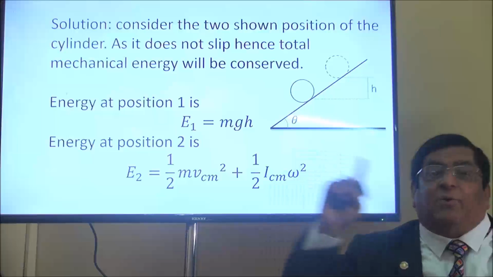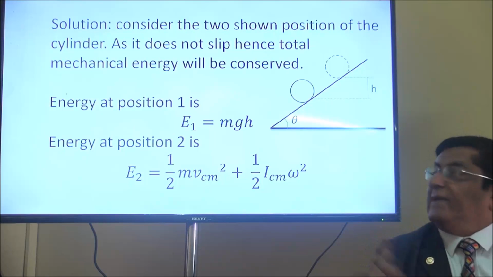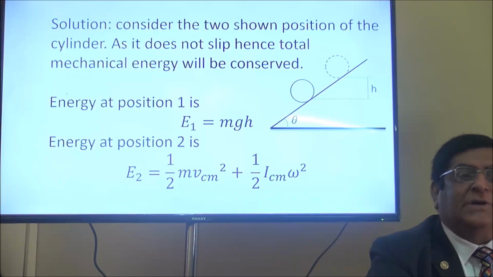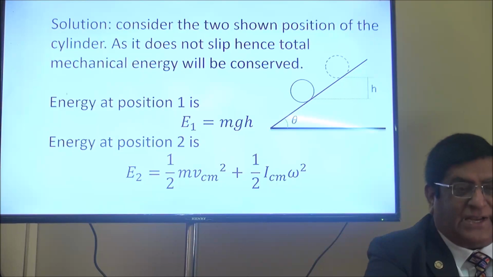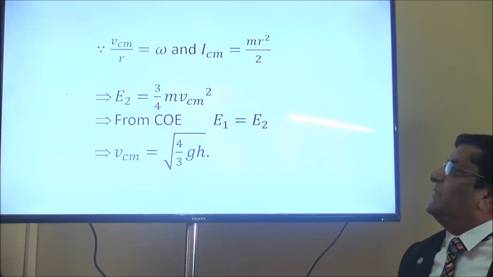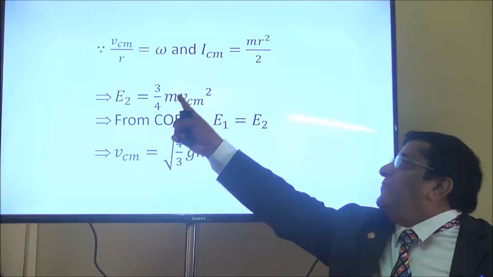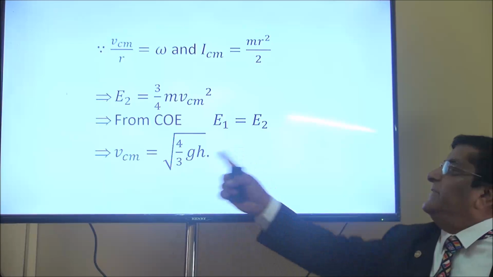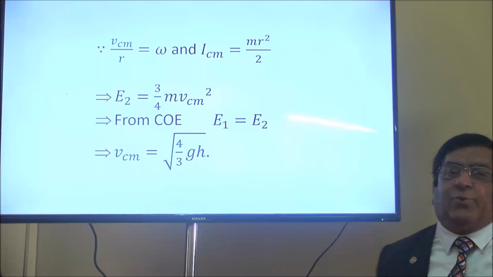So this should be equal to mgh. And you have just converted 3/4 into mv square. So 3/4 mv square is equal to mgh. With that you can find the value of v square.